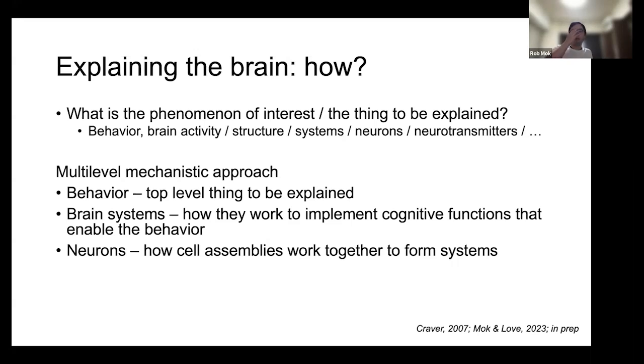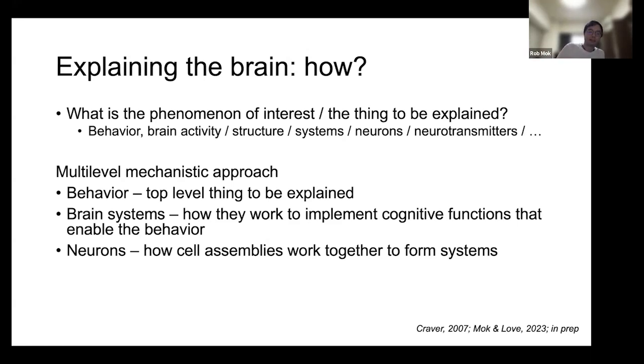But the framing, from the mechanistic point of view, is that you have some level at the top that can be explained by the lower mechanisms. One can make the argument that behavior is the most important in an evolutionary sense, that's what the brain is for.